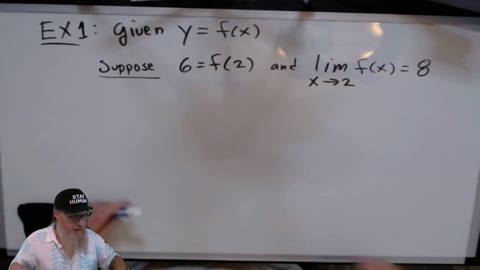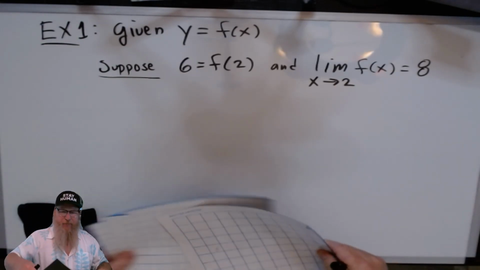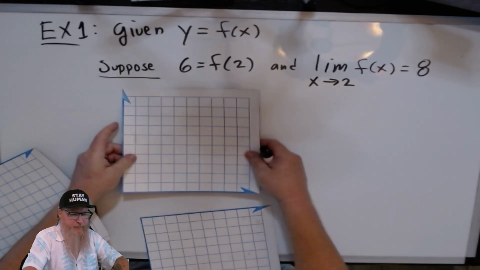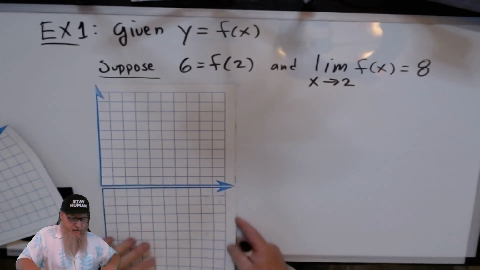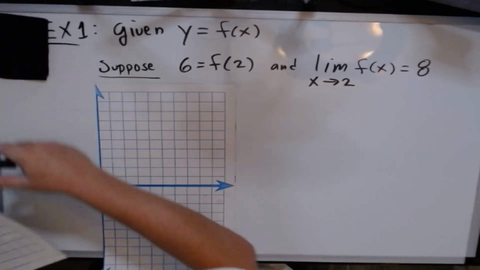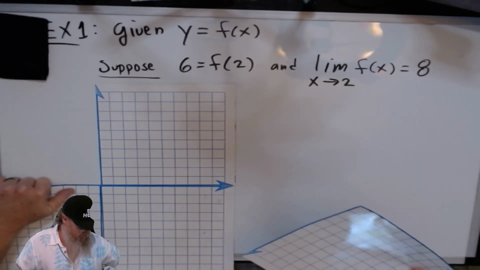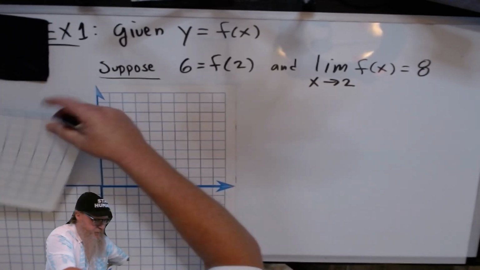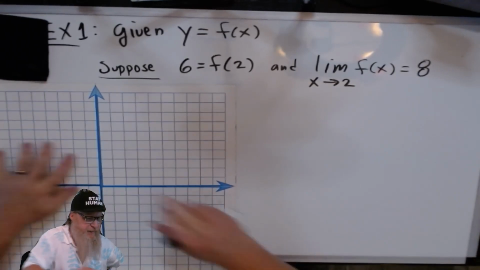All right, so let's see what this would look like graphically. I really only need the first quadrant, but I'm going to go ahead and put them all out here. I might use more quadrants later in this lesson. So, what do we got?